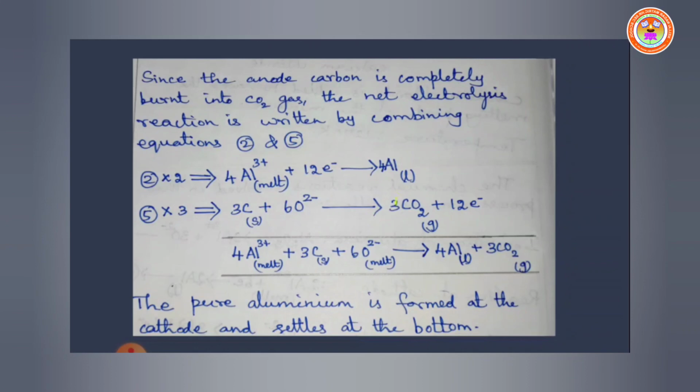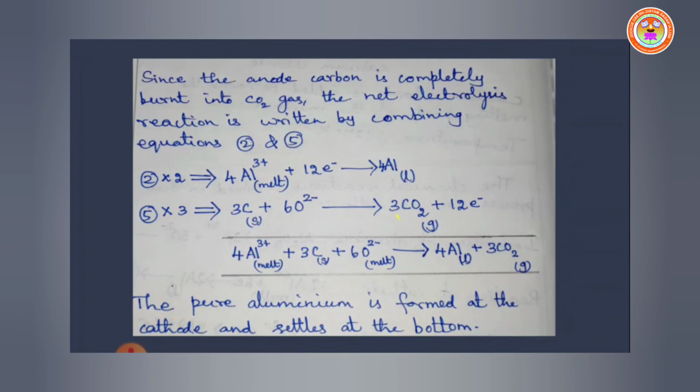To equate the electrons, the second equation is multiplied by 2 and written: 4 Al3+ + 12 electrons gives 4 Al. For Al3+ ion you write melt, and for Al you write l.